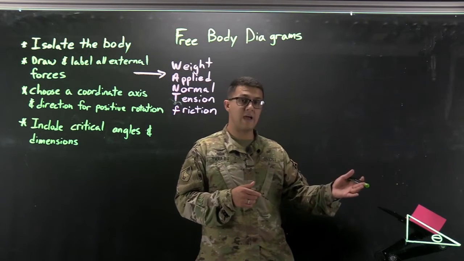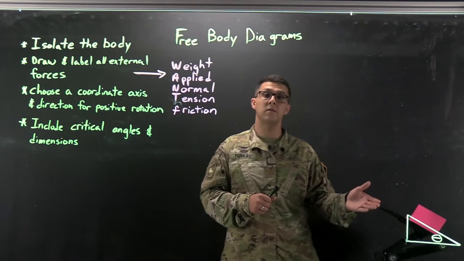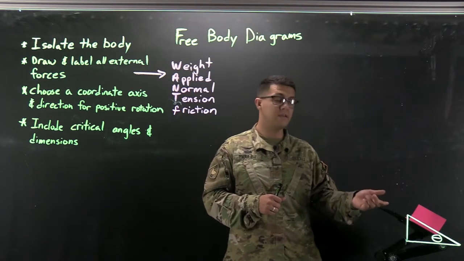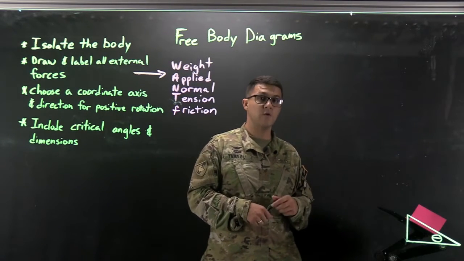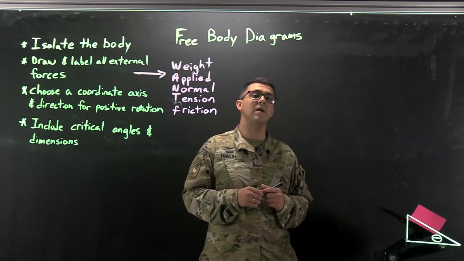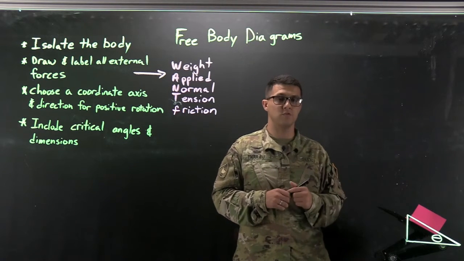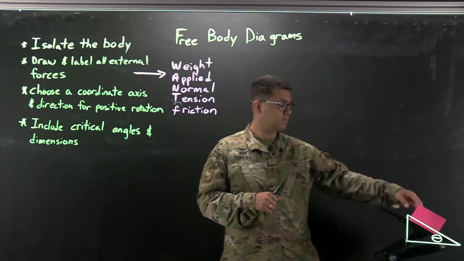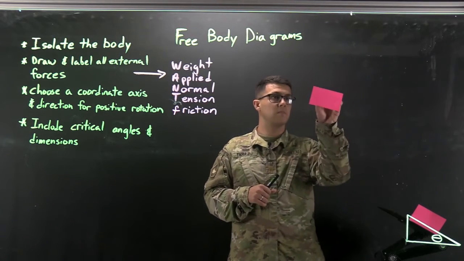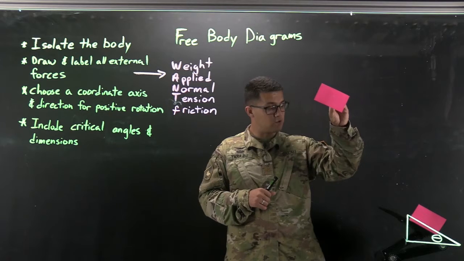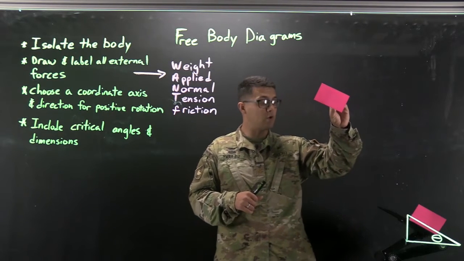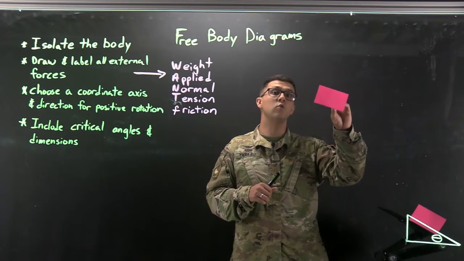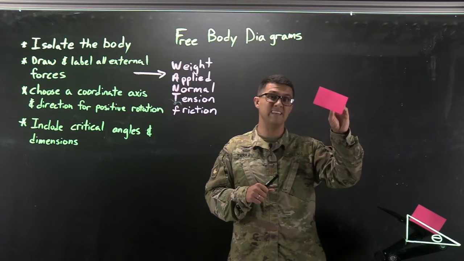Right now you can see I have a box that's on an incline. That incline is inclined at angle theta, and let's draw a free body diagram of the block and the forces acting on that block. First thing I want to do is isolate the body. I've isolated my body. After I've isolated my body, I want to orient it in the same general direction that it is in my picture.